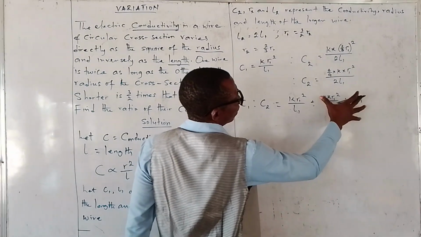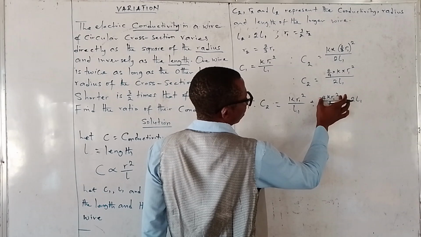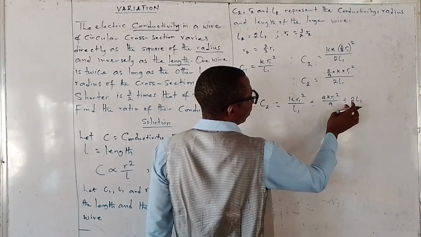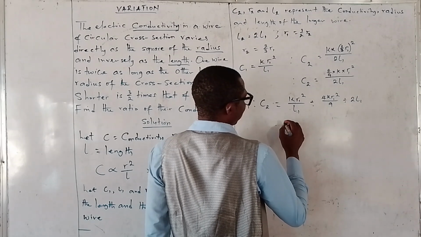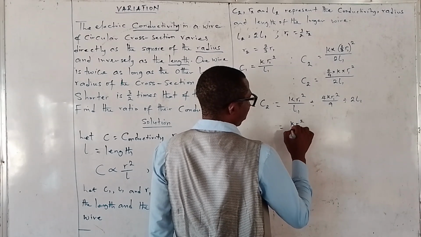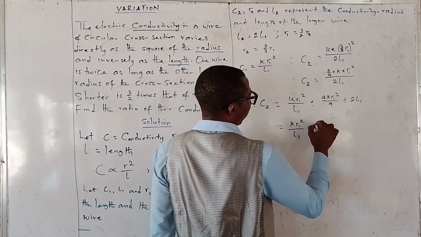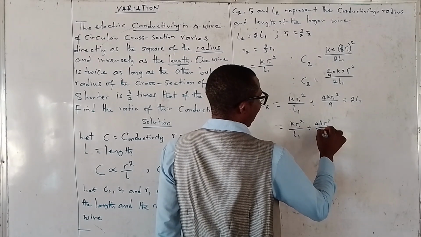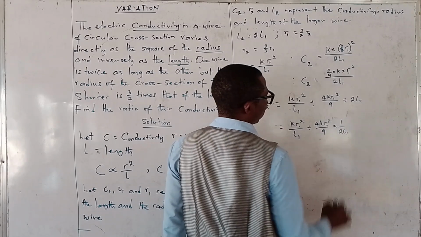The numerator is this, and this is the denominator. So I will turn this to multiplication. Let's do it step by step. We now have K R1 squared over L1 divided by 4K R1 squared over 9, times 1 over 2L1.